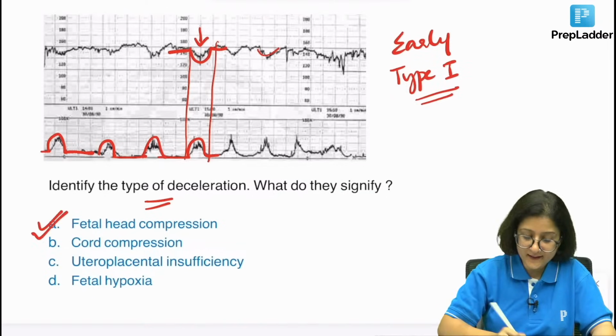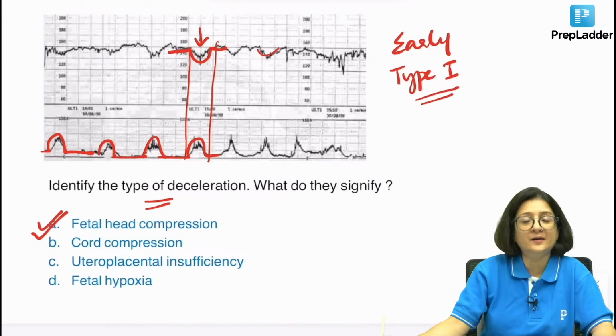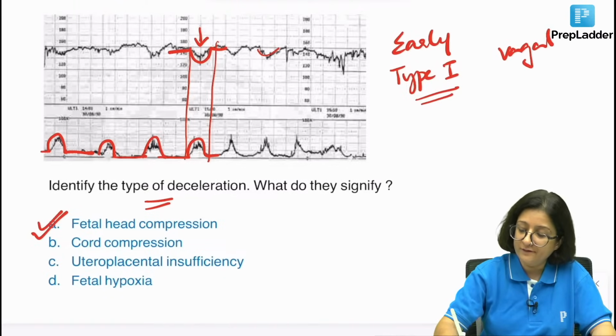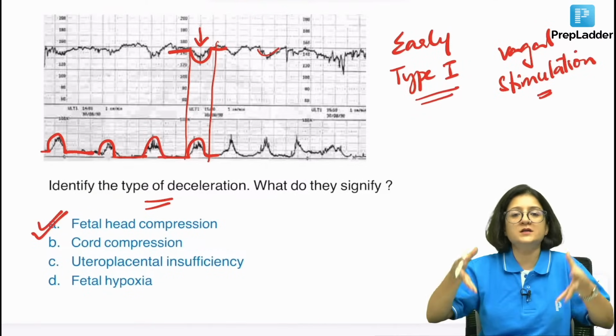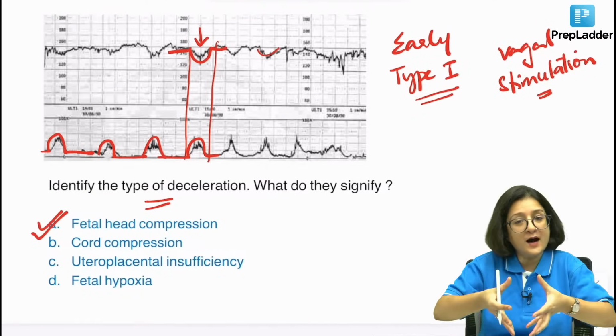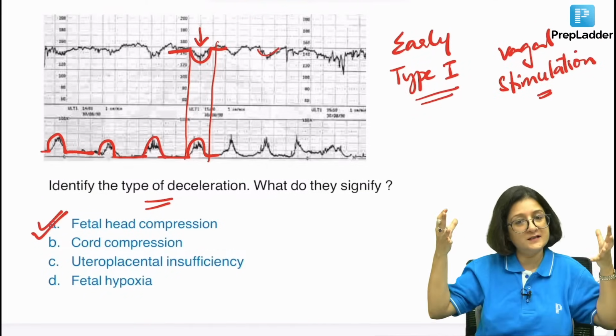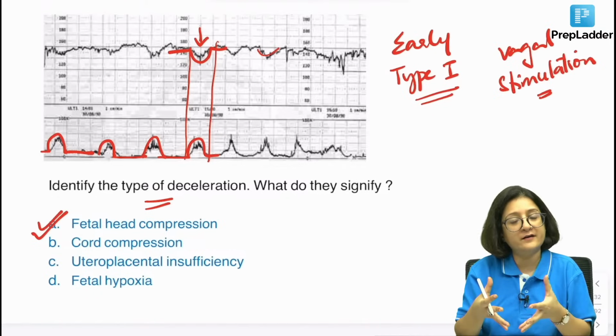And what do they signify? Fetal head compression. They are because of vagal stimulation, as the fetus's head gets compressed. Why does it get compressed? Because contraction, head pushed down, head gets compressed, vagal stimulation, fetal heart rate drops.